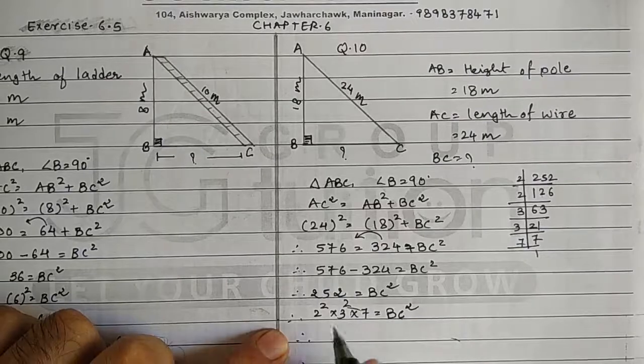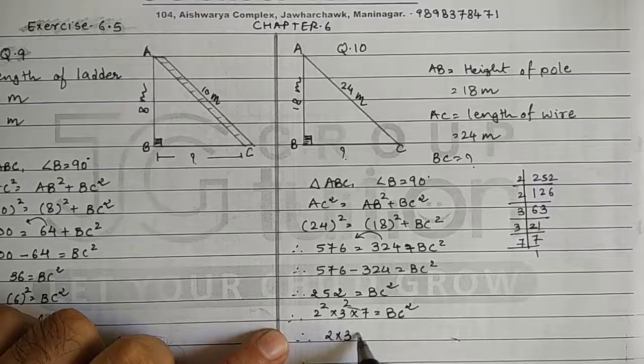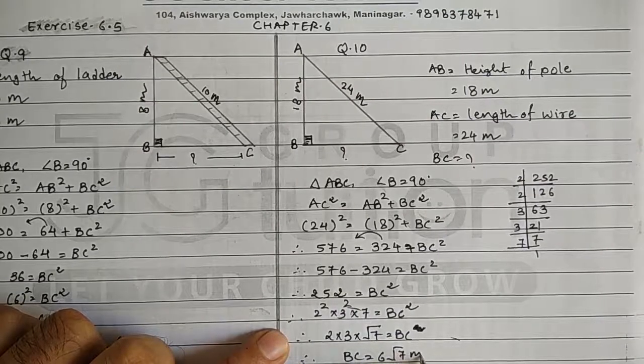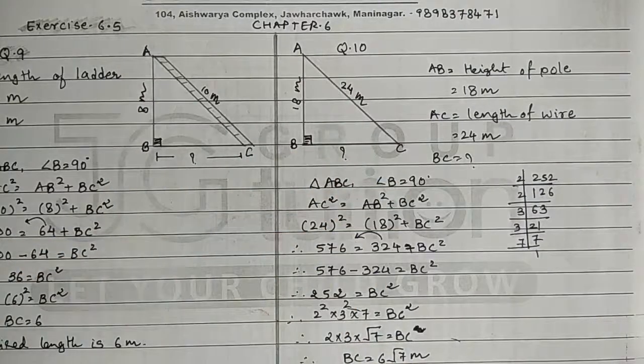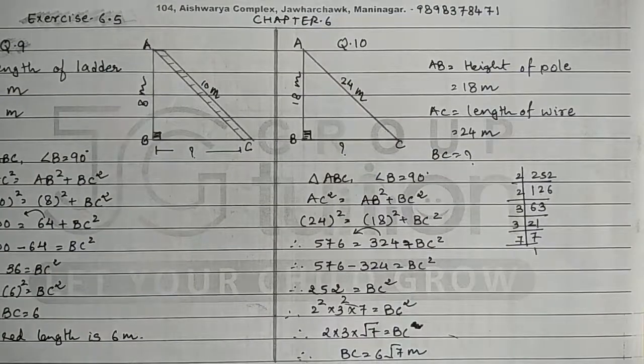When we take the square root, 2 and 3 should be written outside and 7 stays inside the square root. So that is the length of BC. BC is 6 root 7. So we can say that the required length BC is 6 root 7 meter.